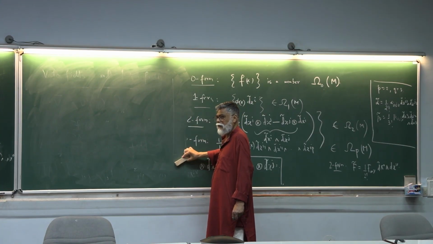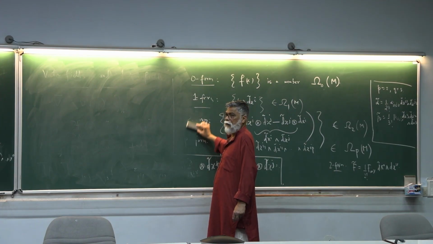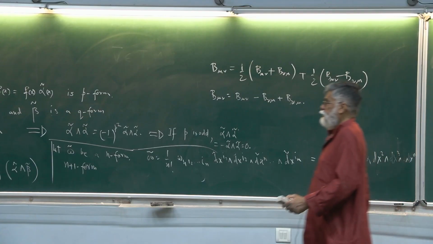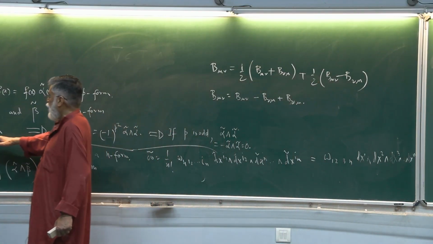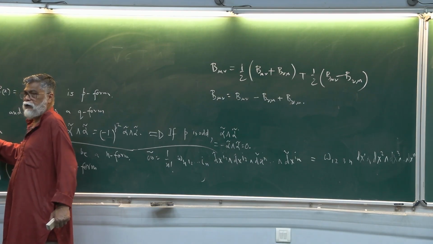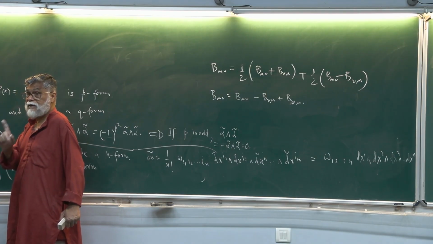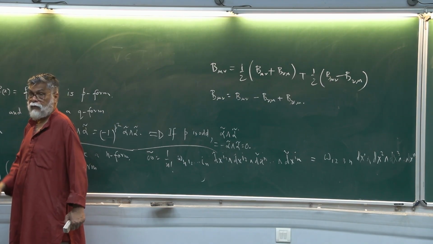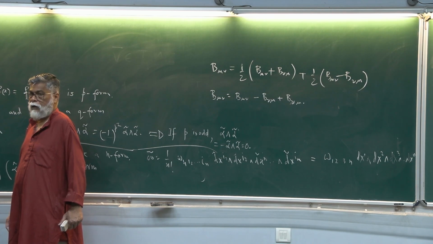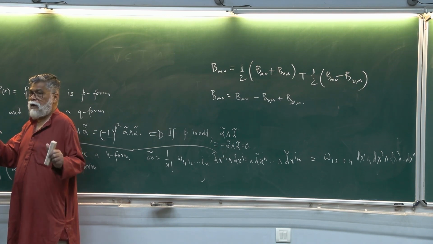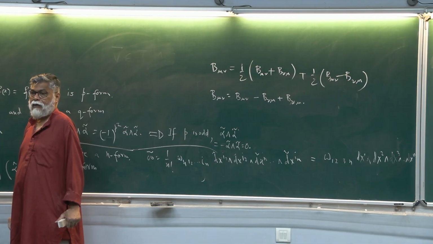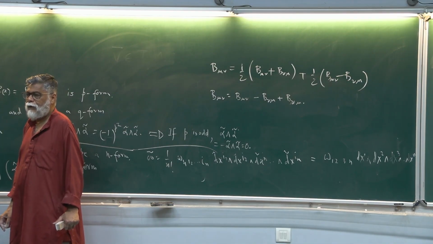Symmetric in alpha and beta means alpha wedge beta will be beta wedge alpha. This is the property. The only way alpha wedge beta can be beta wedge alpha is if P into Q is even. So if one of them is even, like P is 1 and Q is 2, 1 multiplied by 2 is 2, again even. Will the obtained form be symmetric or antisymmetric?